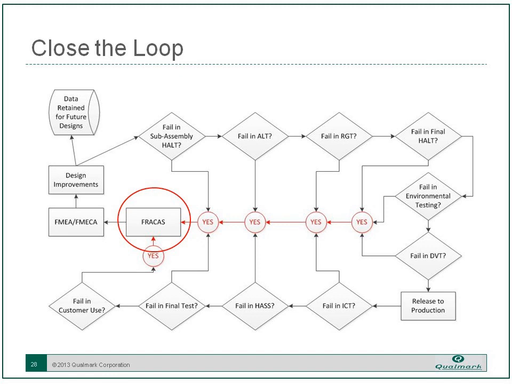There are so many places where you can get information that I really couldn't figure out a way to make this graphic any cleaner, because we can go from the design of the product, to doing HALTs at the subassembly, doing accelerated life testing, reliability growth testing, all the places where we can fail a product, and bringing all of that back into FRACAS, and then feeding that into updating your FMEA or your FMECA. And then, of course, making the corrective actions as necessary.